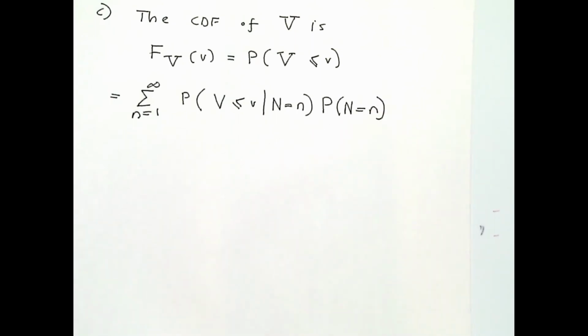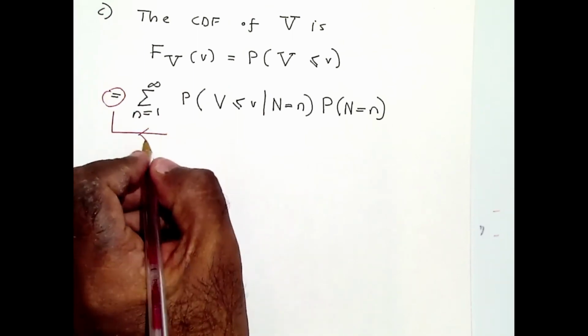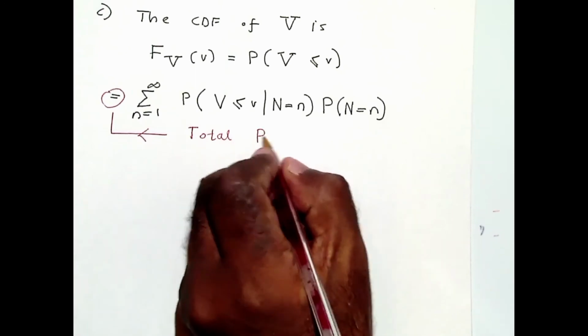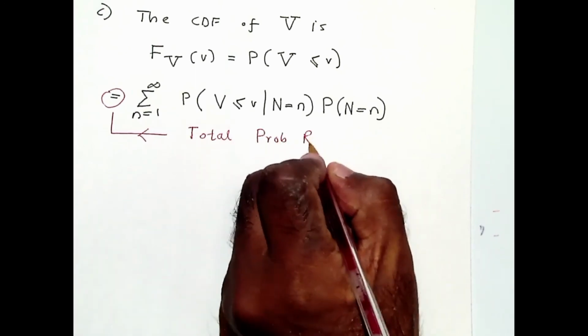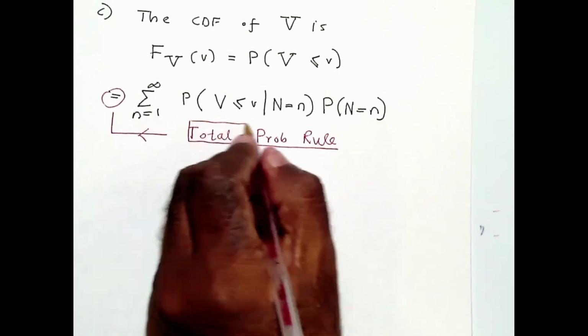Okay, so this is the total probability rule.